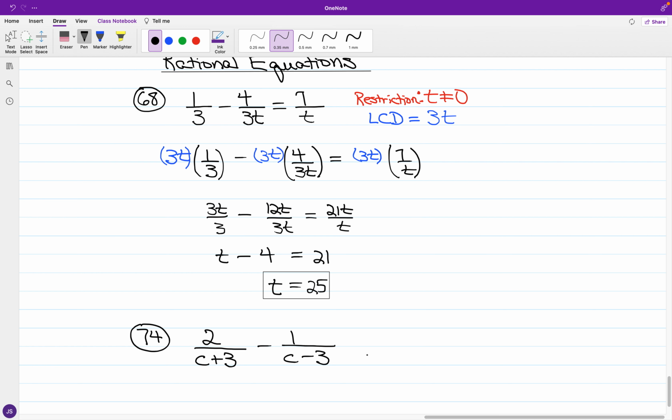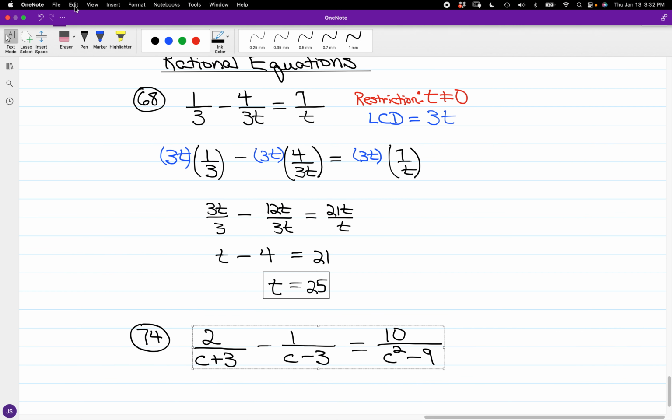So 2 over c plus 3 minus 1 over c minus 3 is equal to 10 over c squared minus 9.